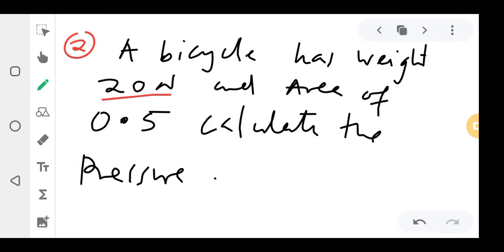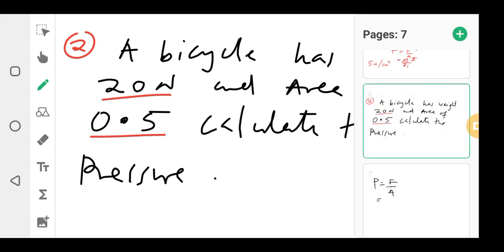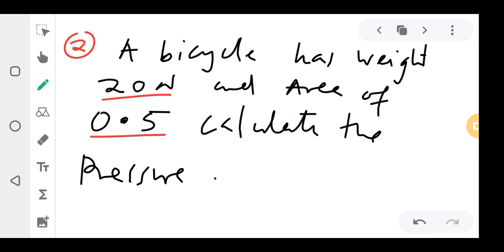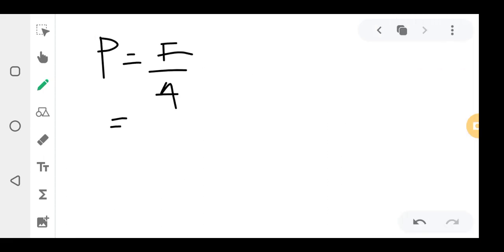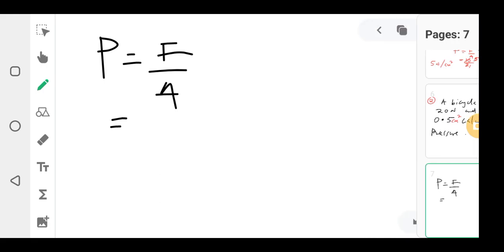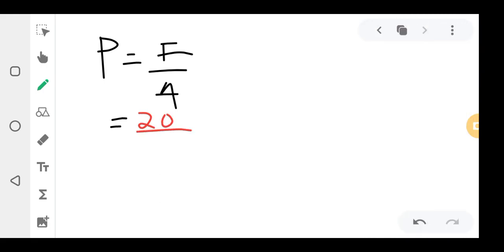The force is 20, the area is 0.5 square centimeters, I forgot to put the units. So we have 20 over 0.5.